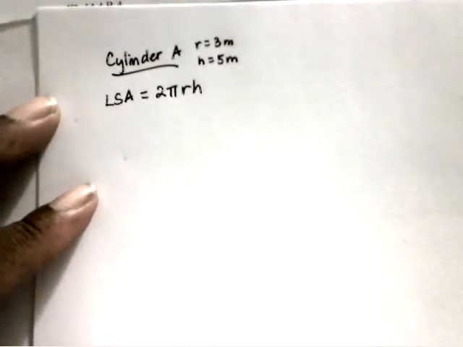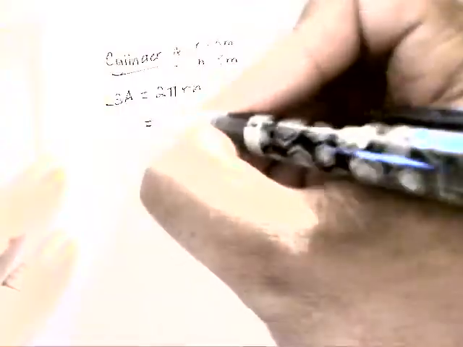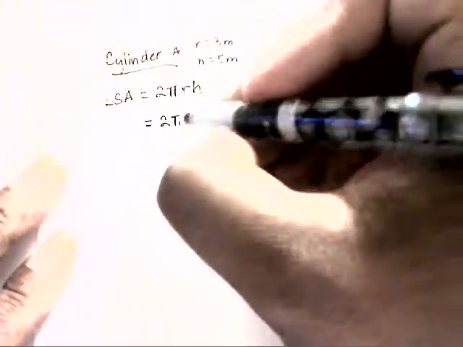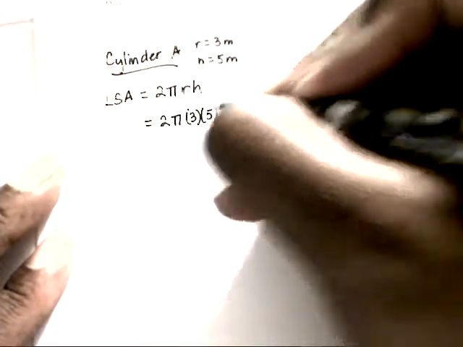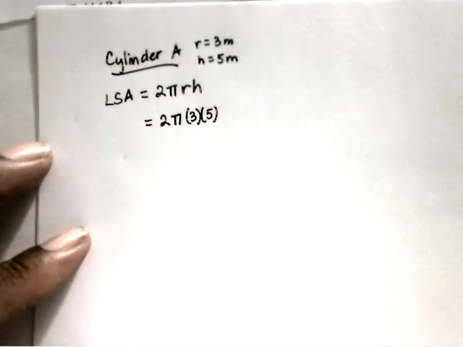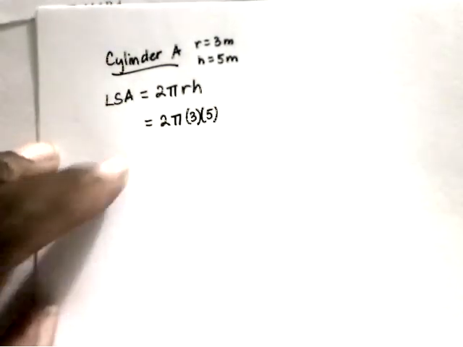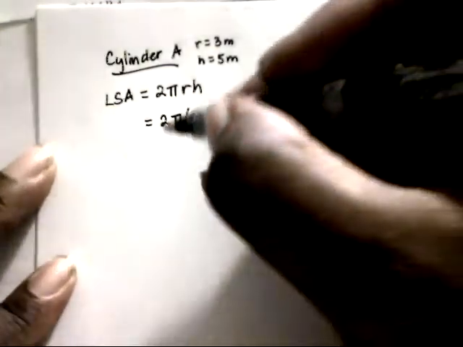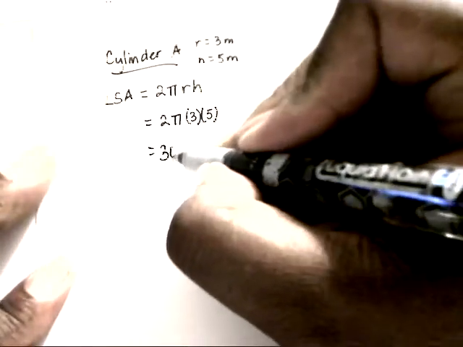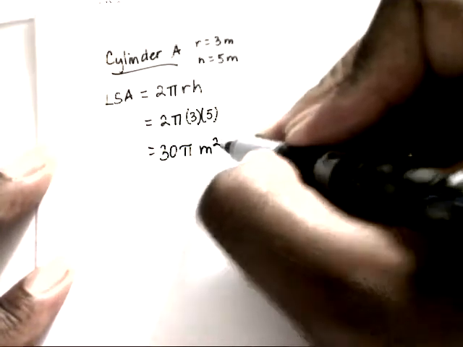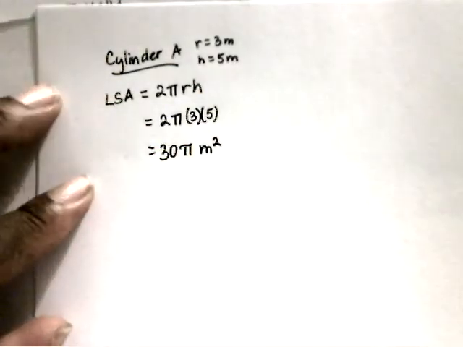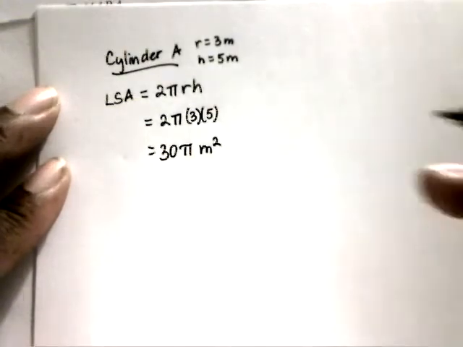Okay, so let's use this formula. Just replace those values here. Bring over the 2 pi, then the radius is 3, the height is 5. So you have 2 pi times 3 times 5. Well, 2 times 3 is 6. 6 times 5 is 30. So that lateral surface area is 30 pi square meters. Okay, so that's cylinder A.